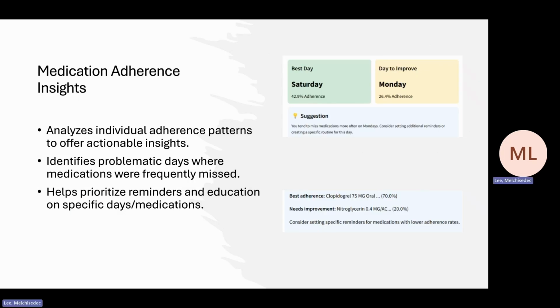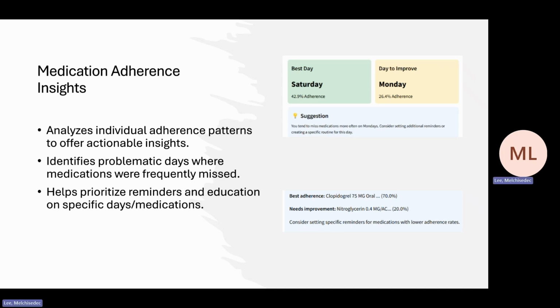Our app helps patients spot patterns in their medication taking habits, like which days they tend to miss doses. It can also give helpful recommendations, such as setting reminders for the more challenging days or days with lower adherence. It can also celebrate progress for the patients on their best adherence days.